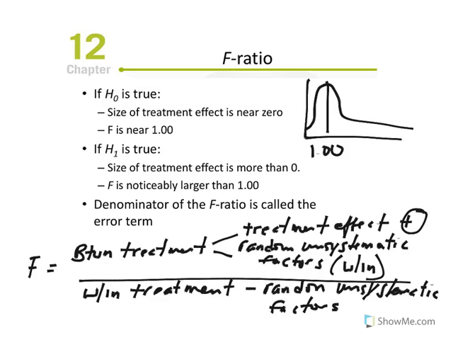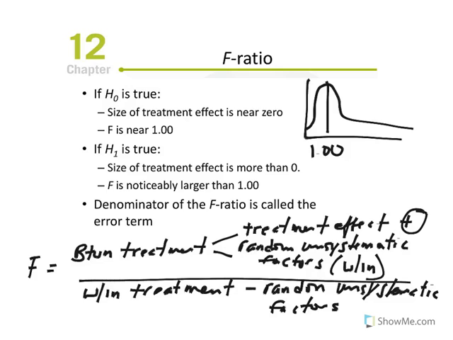The error term provides a measure of the variance caused by random unsystematic differences. So again, when the treatment effect is 0, null is true, the error term measures the same source of variance as the numerator of the F ratio. So the value of the F ratio is expected to be nearly equal to 1.